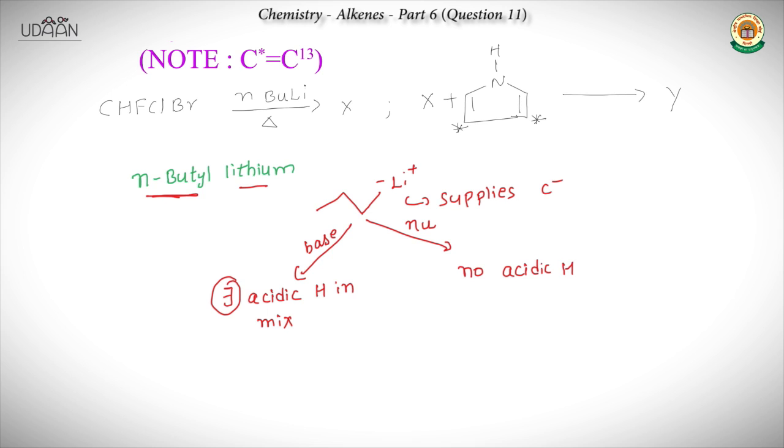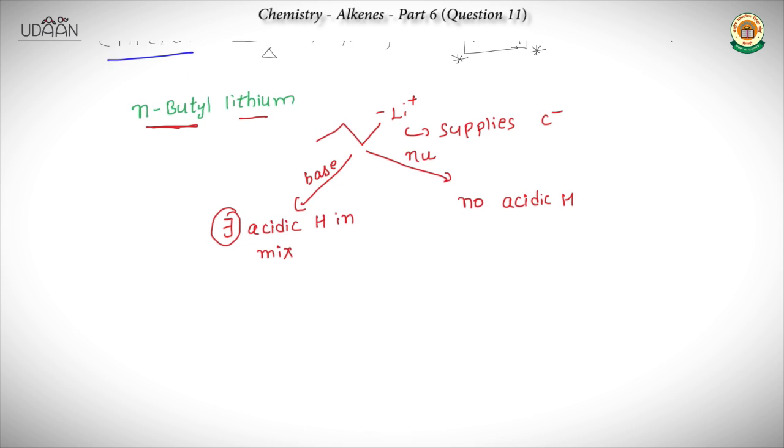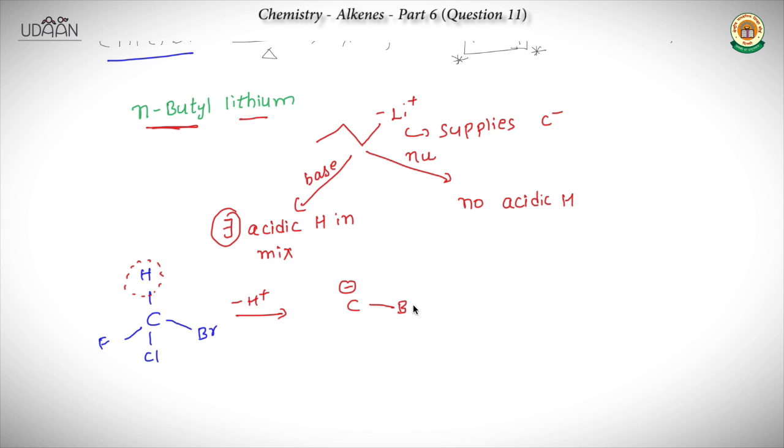Now, in the reactant, we have CHFClBr. Now, let's draw the structure of it. It's quite simple. CHFClBr. Now, this is an acidic hydrogen because if this compound loses an H plus ion, then you will get C minus with Br, Cl, F. Now, all these halogens are electron withdrawing groups by minus I. That is, they take out electrons by inductive effect.